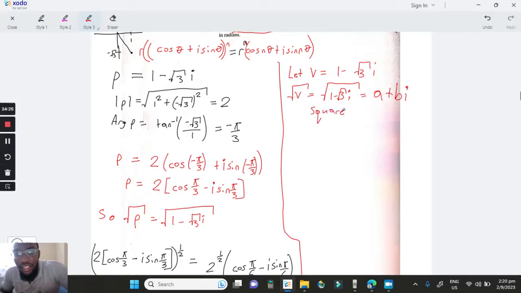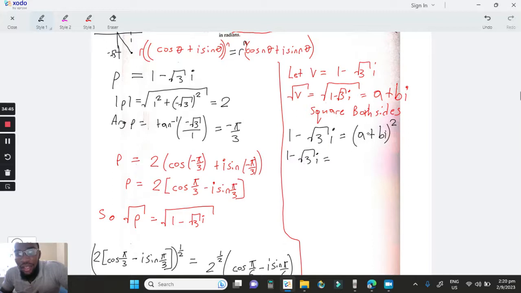So this is a conventional approach. Square both sides, and by squaring both sides, now you have 1 minus root 3i is equal to a plus bi all square.